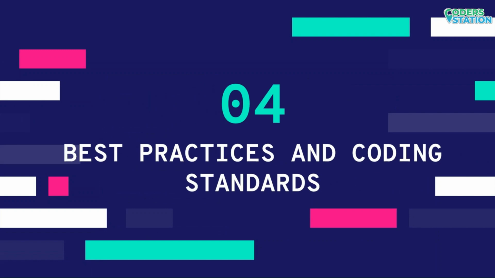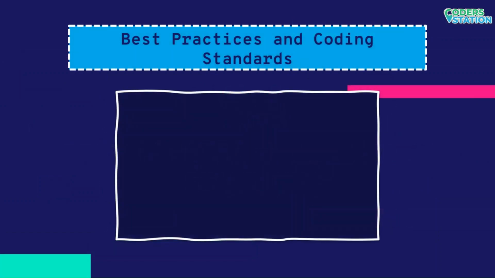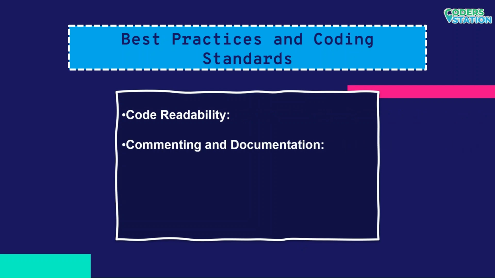Now we have our next topic, which is best practices and coding standards. The following best practices and coding standards are crucial for writing maintainable code. Ensure code readability by using meaningful variable names, consistent indentation, and white space. Comment and document your code to explain complex logic and document functions with descriptions of parameters and return values.